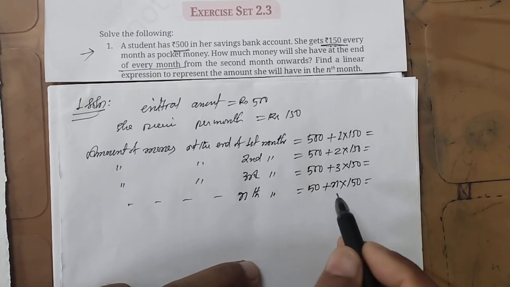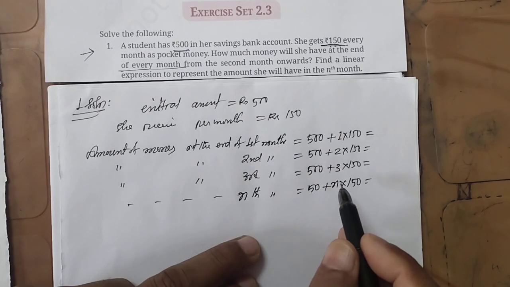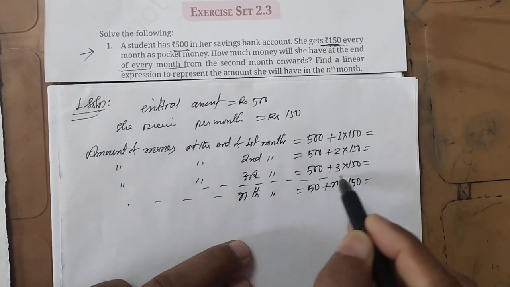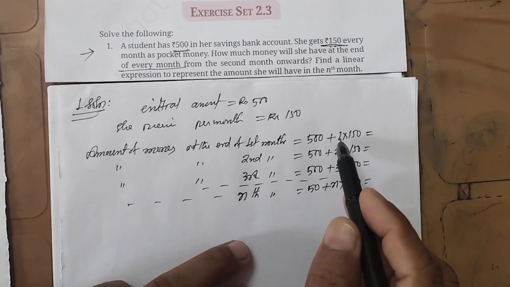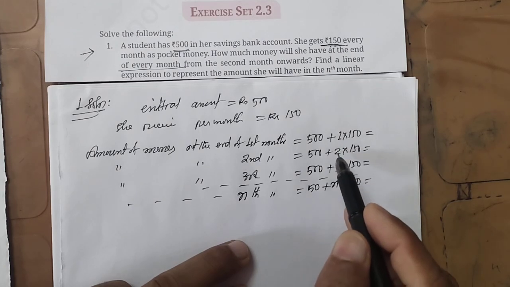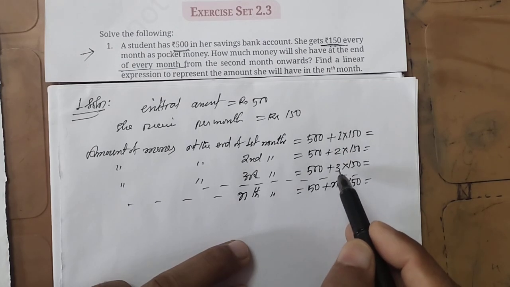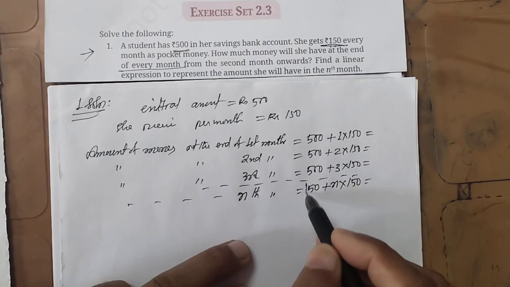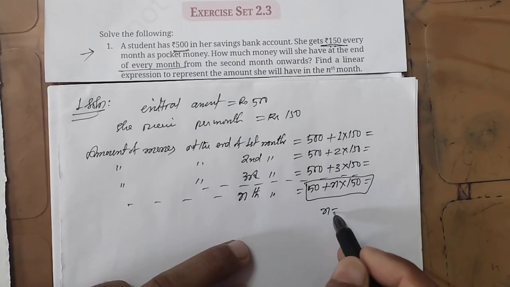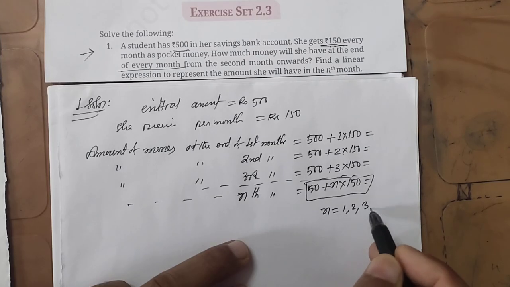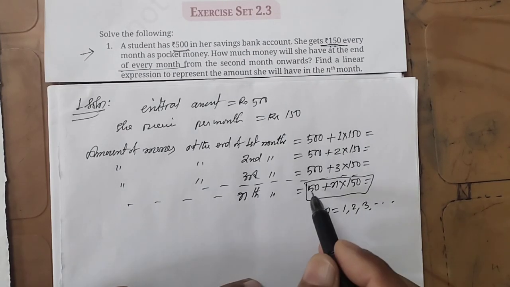The n value may be 1, 2, 3, and so on. So n is 1 after first month, n is 2 after second month, n is 3 at the end of third month, and in general 500 plus n times 150. Here n value is how much? 1, 2, 3, goes on like that. So this is the linear pattern.